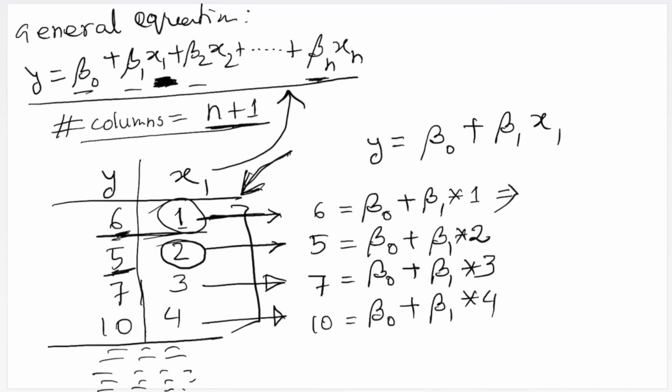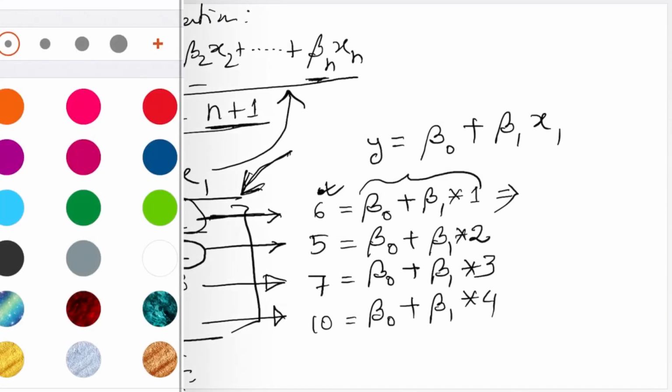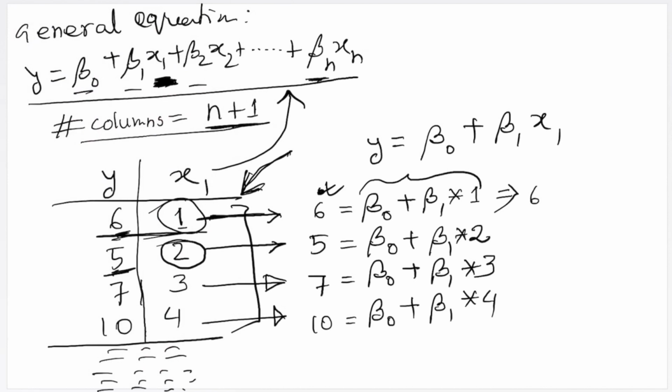In a perfect world, the left side of every equation would be the same as the right side. As a result, the equation can be rewritten as 6 minus (beta naught plus beta 1) equals 0. Similar to this, the second equation can be rewritten as 5 minus (beta naught plus 2 beta 1) equals 0.